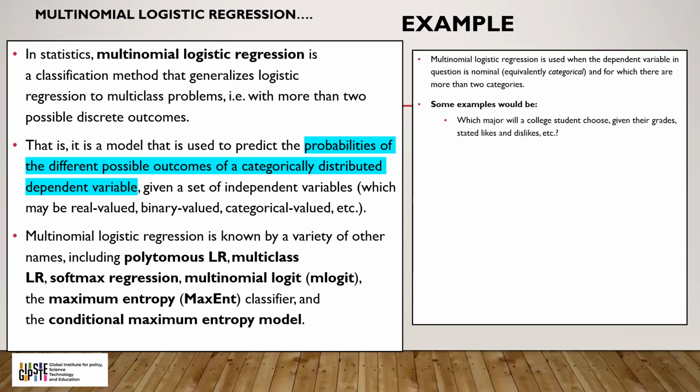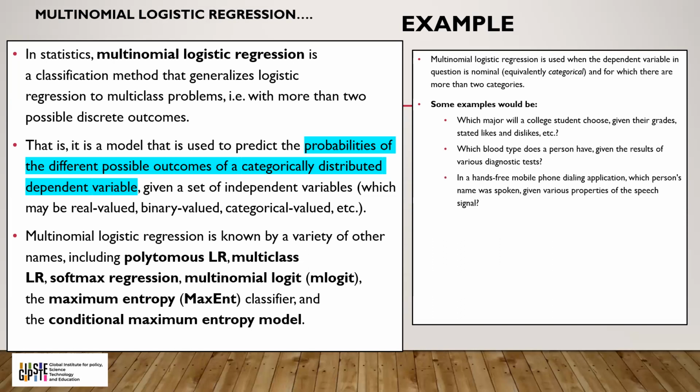Some examples include: which major will a college student choose, given their grades, stated likes and dislikes? Which blood type does a person have, given the results of various diagnostic tests? In a hands-free mobile phone dialing application, which person's name was spoken, given various properties of the speech signal?